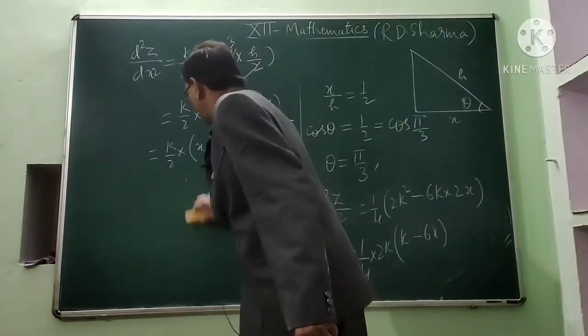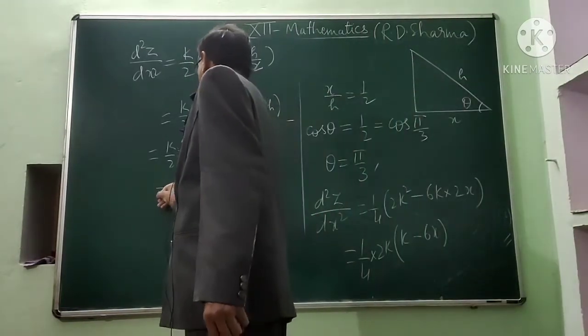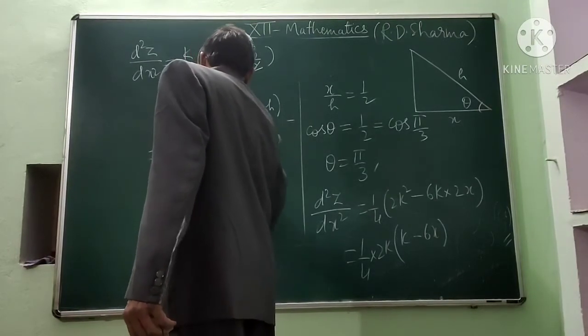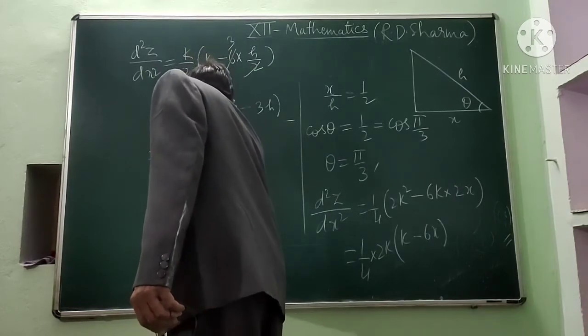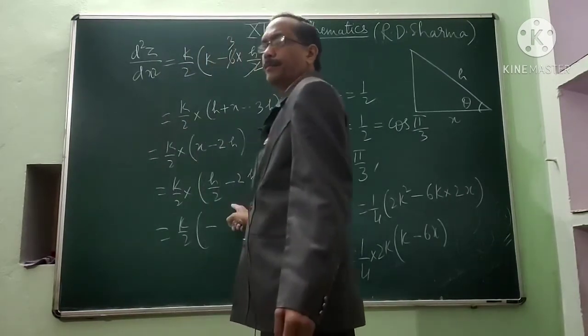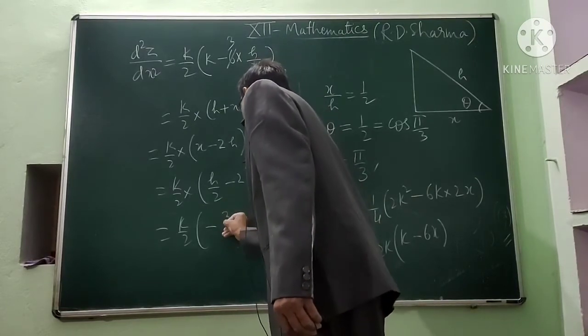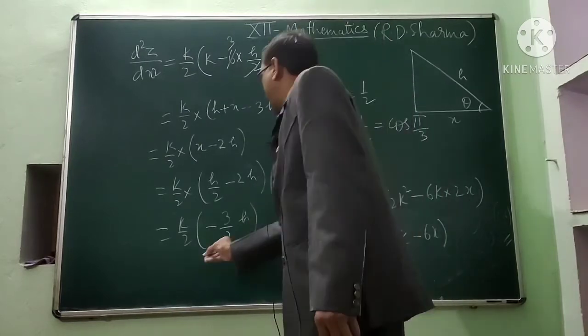Then x equal to h by 2. So it is k by 2 into h by 2 minus 2h, k by 2 into minus 3h upon 2. It is minus 3 by 2 h, which is negative.